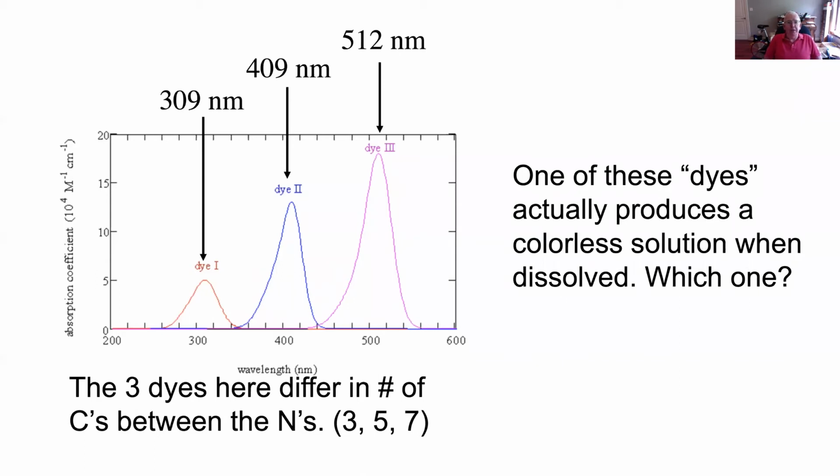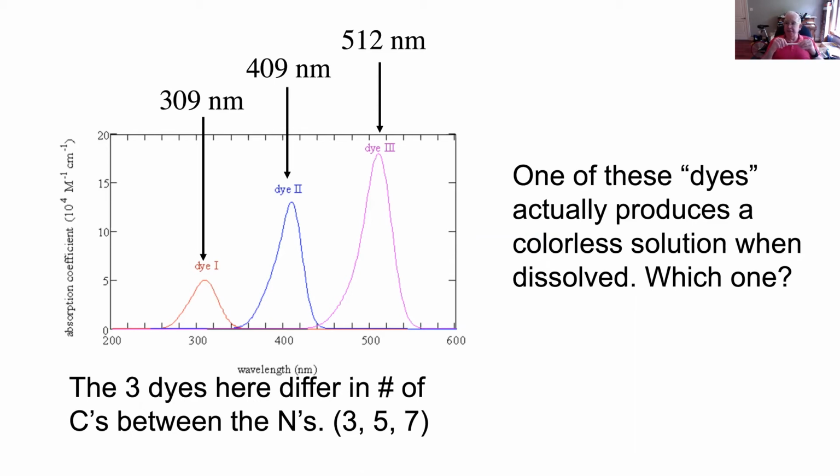We should remember, I guess, that 3 is going to be the smallest box and 7 is going to be the longest box. When we make the box bigger, we know that the energy levels get closer together, right? And so that means that the long wavelength on there should coincide with the long box. And so the peaks in there really are in order from 3 to 5 to 7 carbon atoms, I guess.